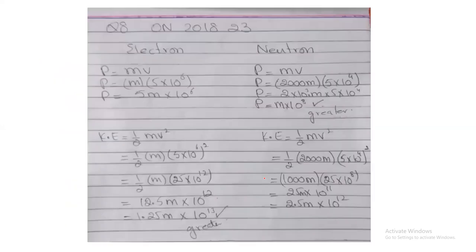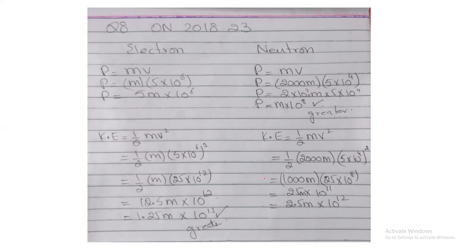So let me show you. Okay, so here you can see electron. First of all, I'm going to calculate the momentum for both electron and neutron. The momentum of the electron will be m into 5 expo 6, so this will be 5m expo 6. And the momentum of the neutron will be 2000 m into 5 expo 4.